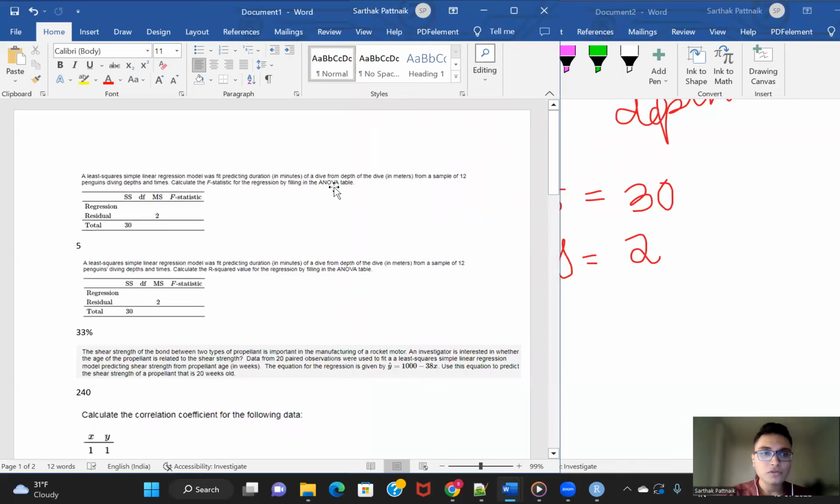You can also calculate your degrees of freedom because you have been given the sample size.